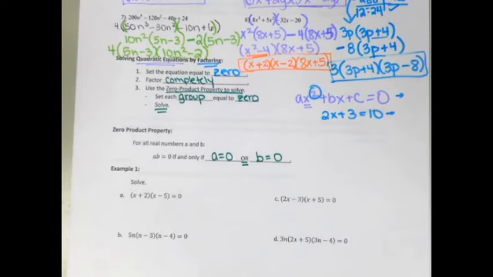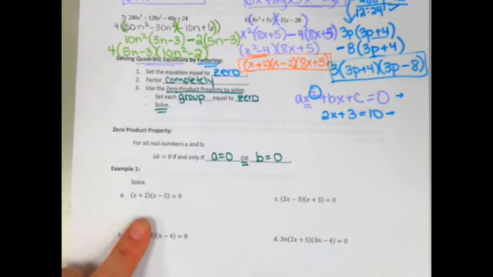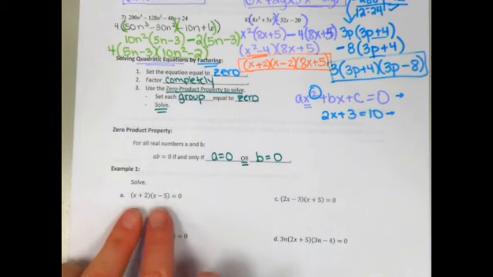Okay. So what does that actually mean in that sense? If I look at example 1, isn't every single one of these already factored? Yeah, they're already factored because they're in those parentheses. We're going to use that 0 product property. So what that means is we're going to set each group equal to 0.